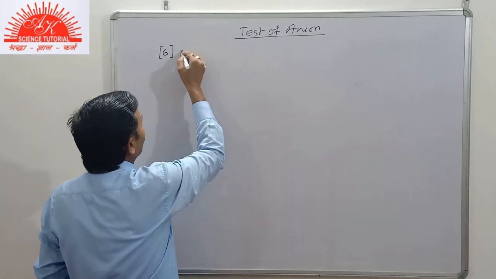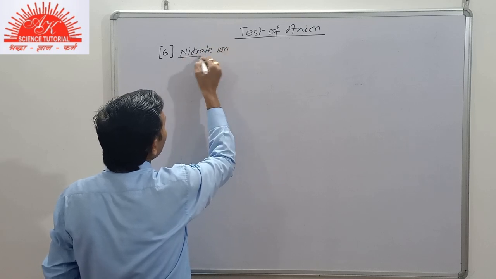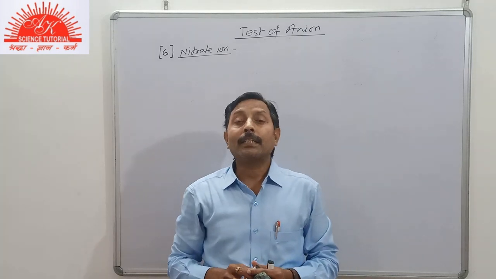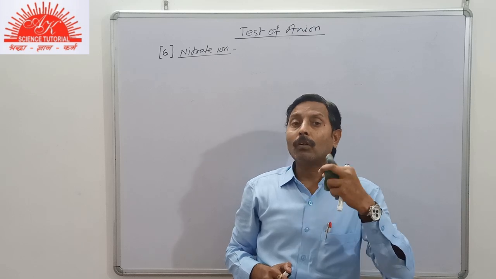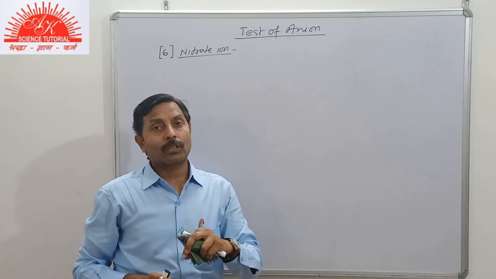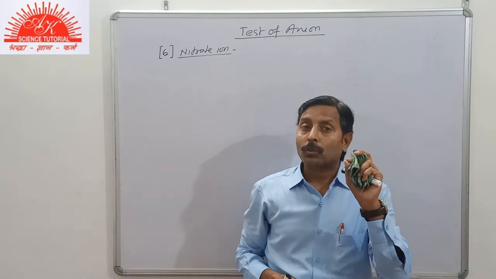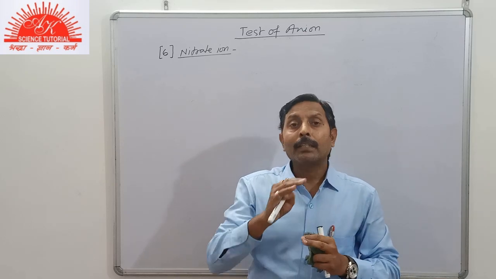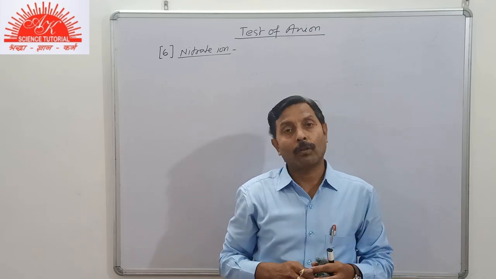Now the next topic is the nitrate ion. We can also use the action of heat, because if there is a nitrate salt, then leaving a few exceptions like sodium nitrate and potassium nitrate, if a nitrate salt is heated, then a reddish brown acidic gas, that is NO2, is evolved.